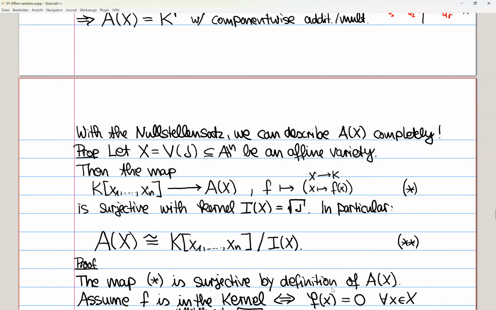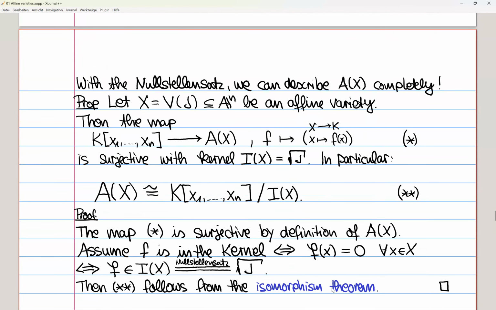And for the proof, it's not so big with what we know now. So first of all, these were the functions which are given by some polynomial in n variables. And so by definition, this map here is surjective. Anything here comes from some polynomial. So we get a surjection.